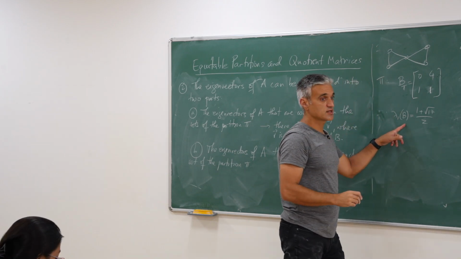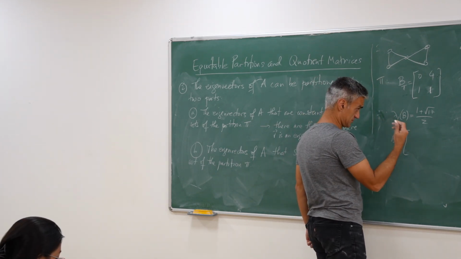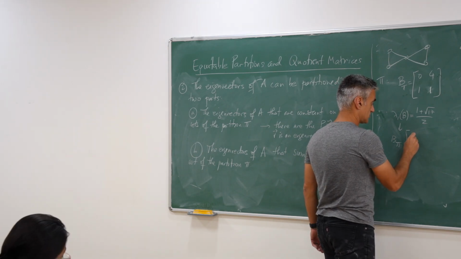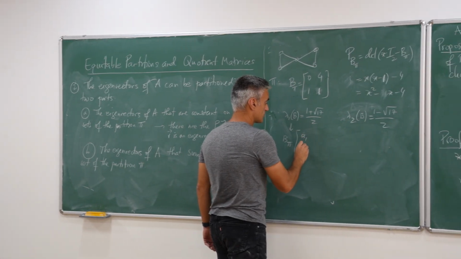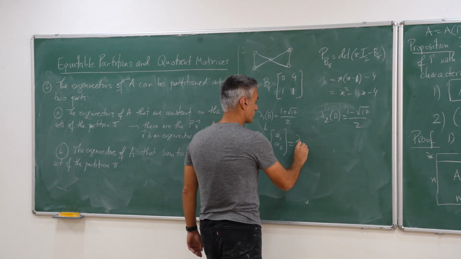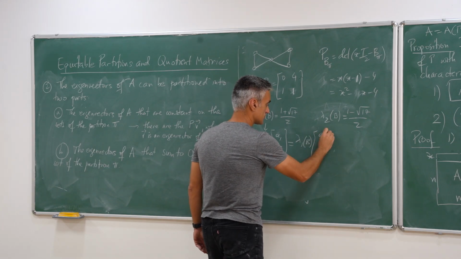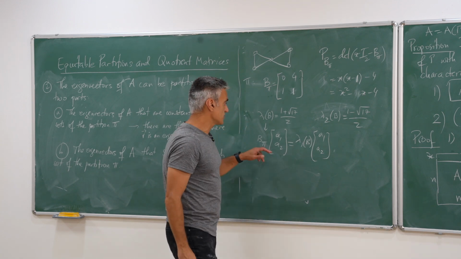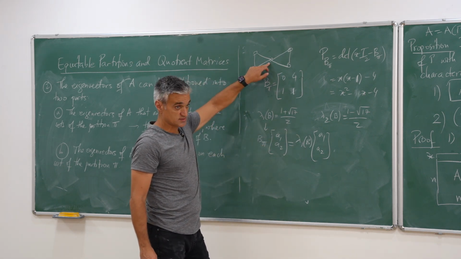Now, for this lambda 1 of B, let's say we have B times some vector, let me call it entry A1, A2, equals this lambda 1 of B times A1, A2, okay? So the part 1 tells you that this first part corresponds to this vertex.